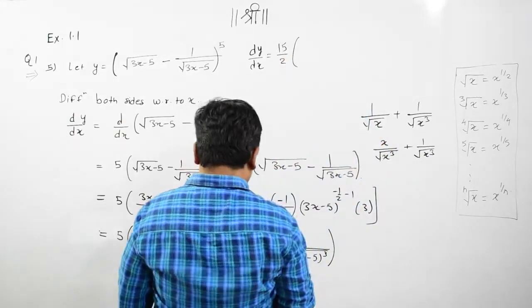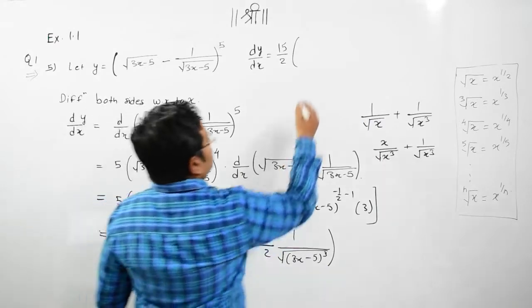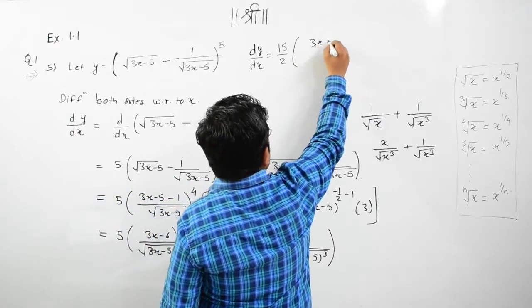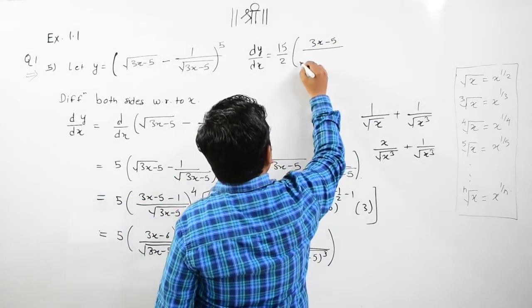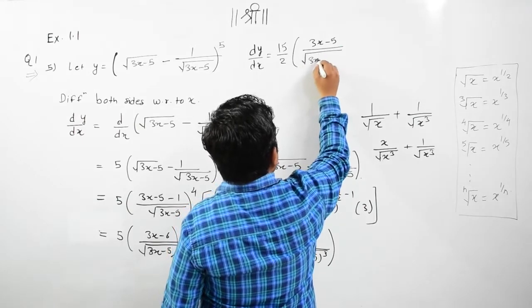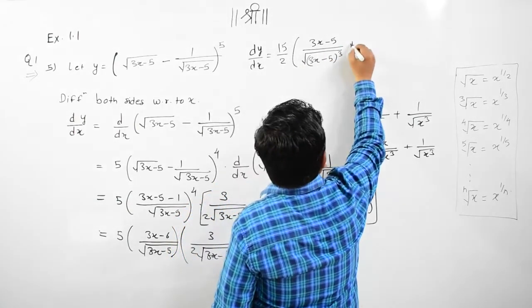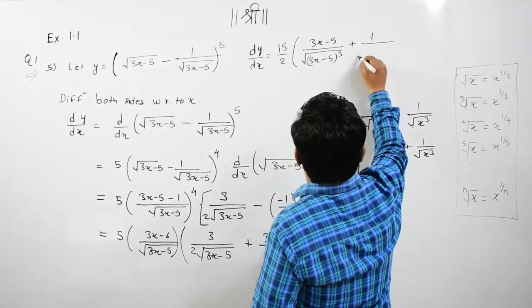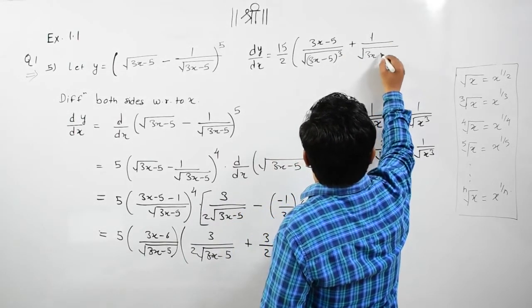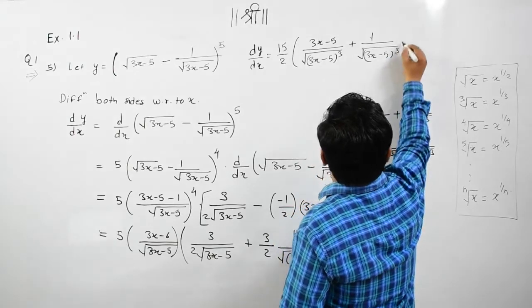Similarly, I would like to apply this quantity over here. So this will be like 3x minus 5 divided by root of 3x minus 5 bracket cube plus 1 upon under root of 3x minus 5 bracket cube.